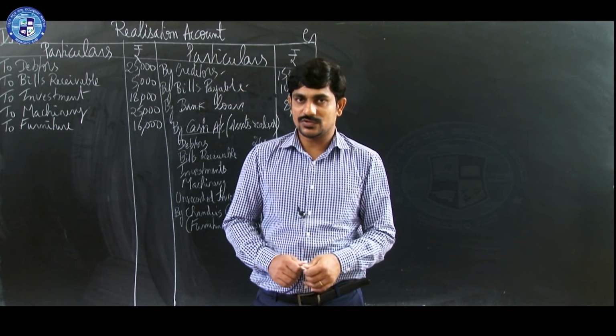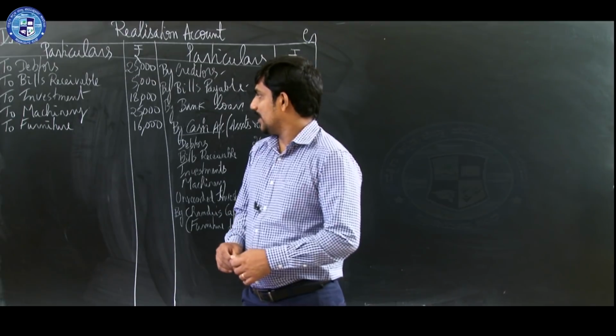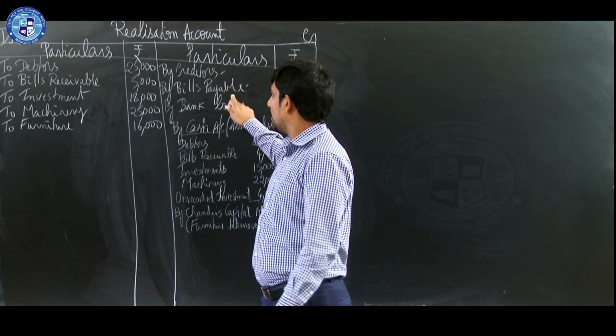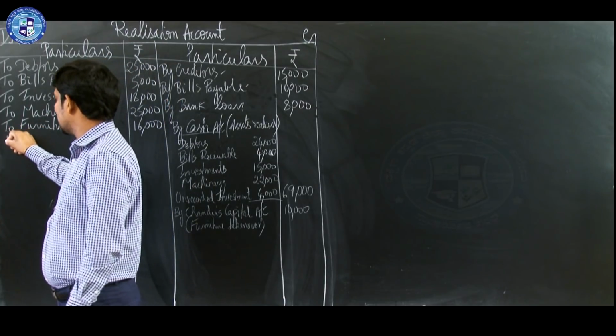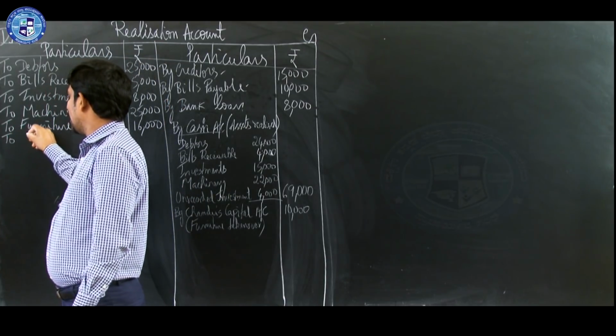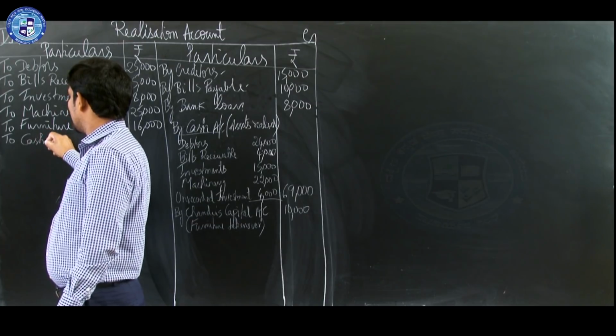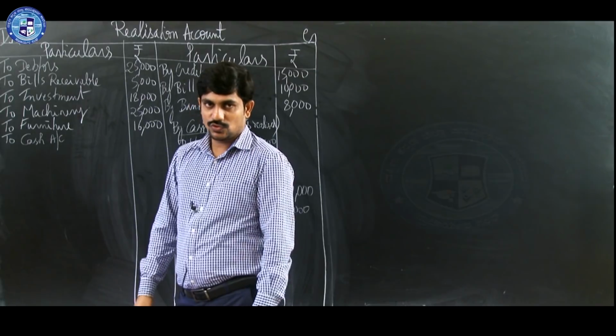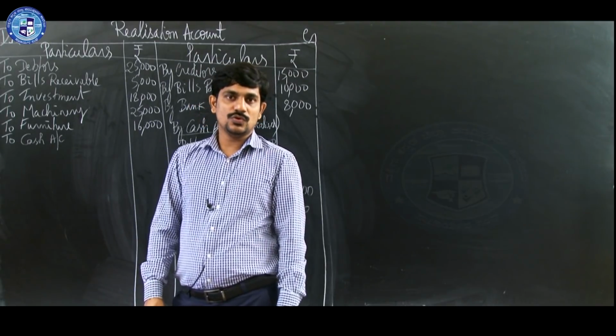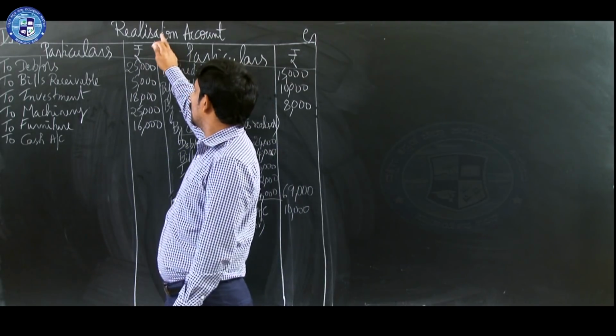You need to pay the money to the outsiders. So 2 liabilities are paid at discount. Liabilities paid is an expense for the business. Expense means debit side. And how will I pay it? By paying cash to cash account.